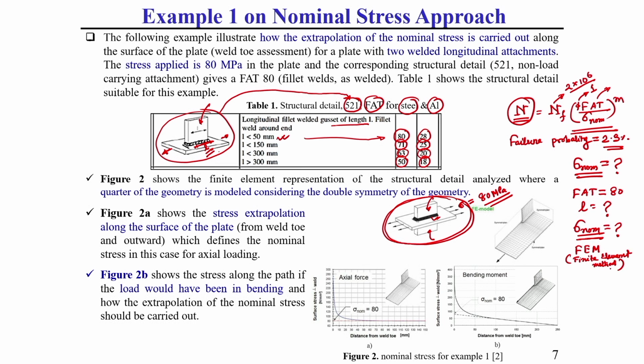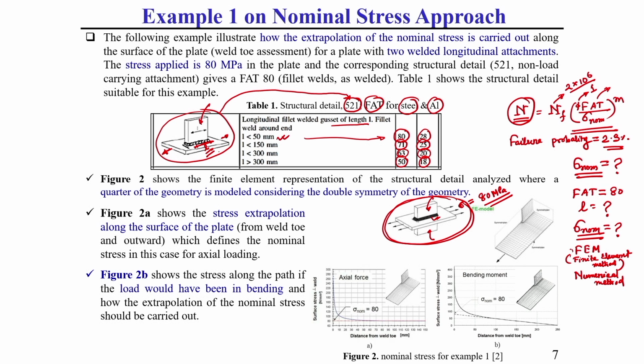This finite element method is a numerical method. A numerical method is generally an approximate method. Another method is the analytical method, which gives an accurate, exact solution. So, a numerical method generally gives an approximate solution, you should keep this in mind.